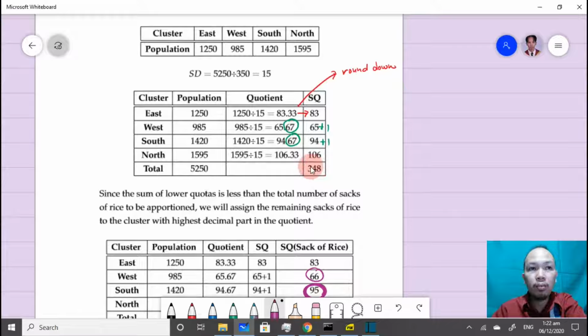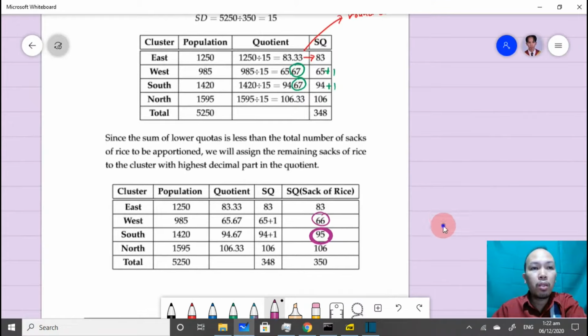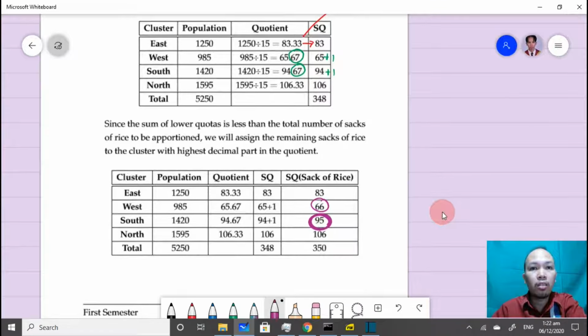If not, then choose a standard divisor that will result in exactly 350 sacks to be apportioned. That's really hard because we are going to use trial and error. So that's the Jefferson plan.